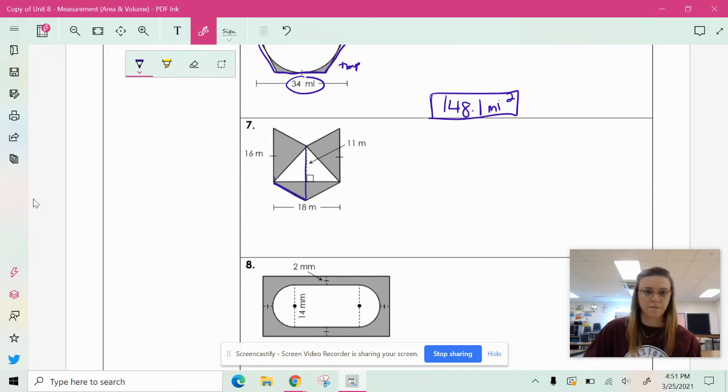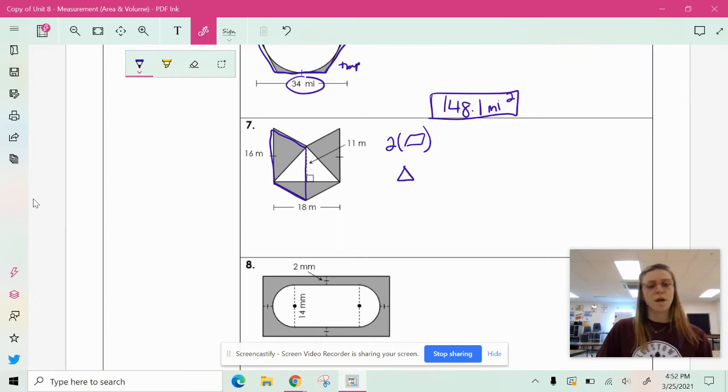These are two parallelograms, so twice a parallelogram minus a triangle. The thing about a parallelogram is this side is 16, and when the sides are a parallelogram, they're the same. So the base is 16, base times height.